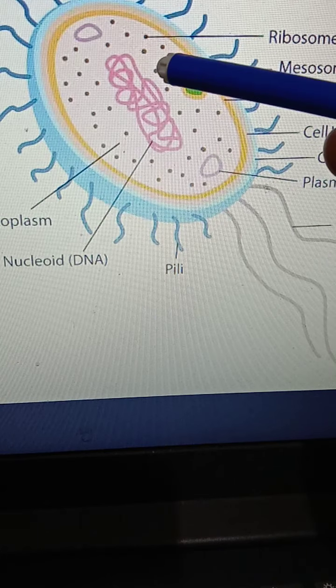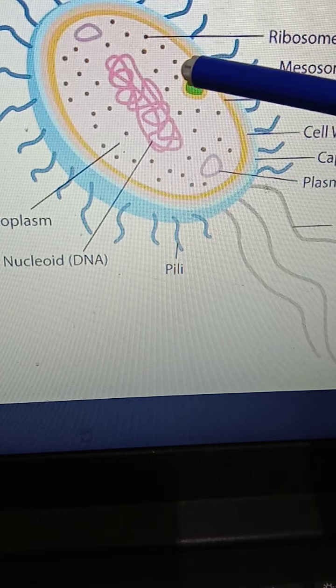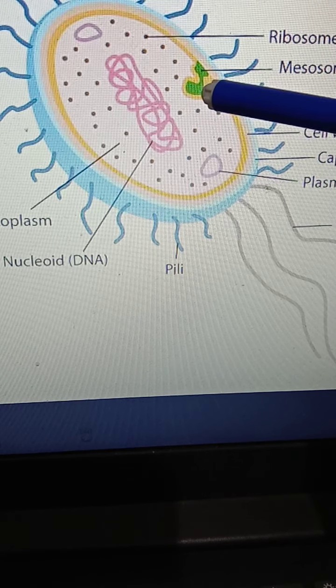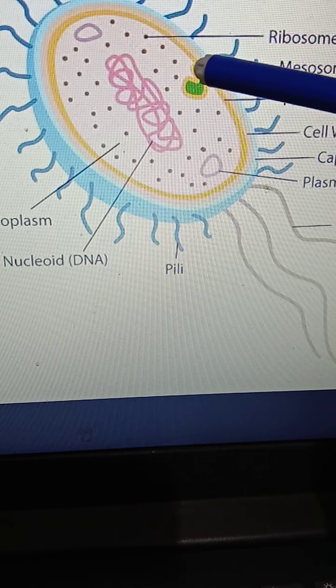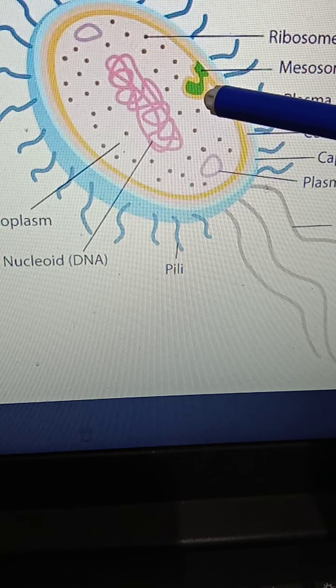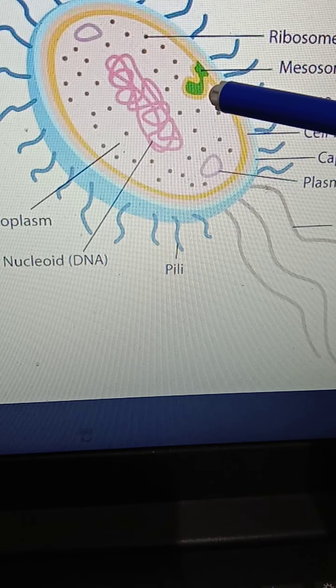This structure is similar to the membrane of mitochondria. You know that in mitochondria cellular respiration occurs. Here also, all the enzymatic machinery needed for cellular respiration is present in the mesosome.